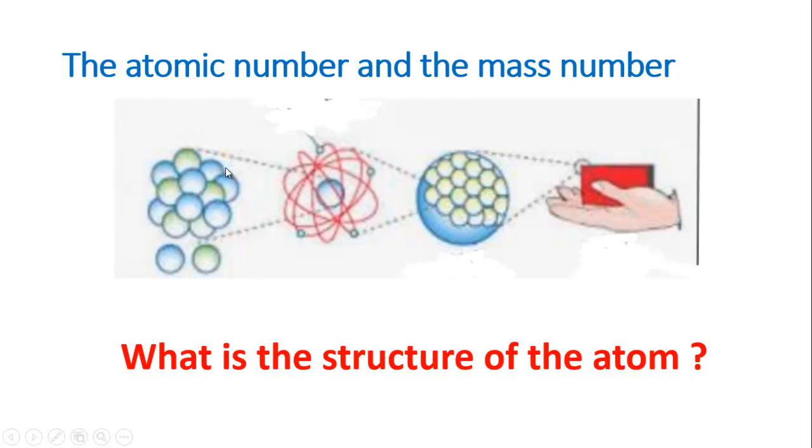Proton and the neutron are found inside the nucleus. Electron revolve outside the nucleus, revolve around the nucleus. Okay? Again, proton and the neutron are found inside the nucleus, but electron is found outside the nucleus and revolve around it. Okay?